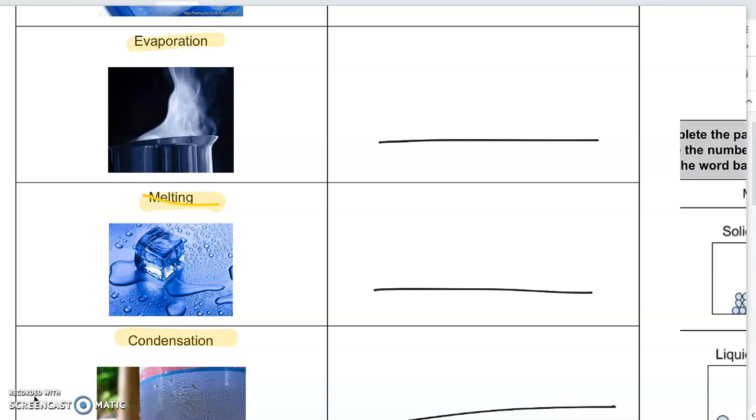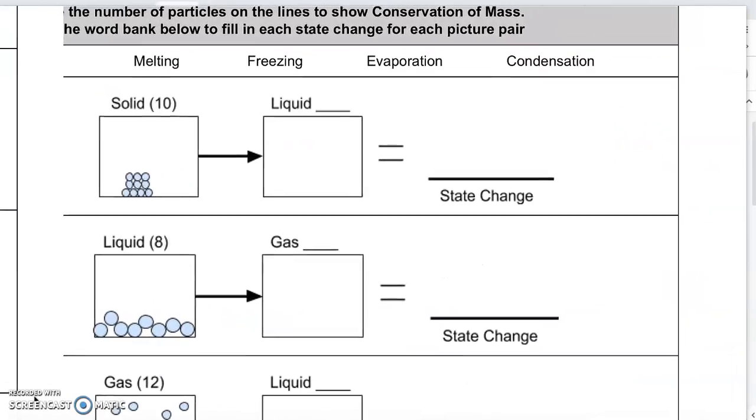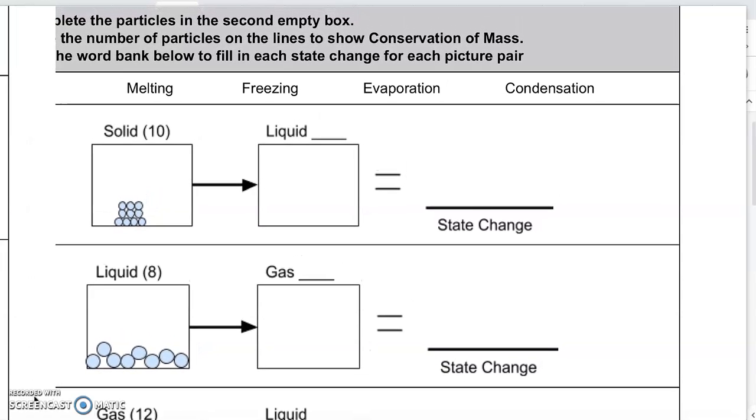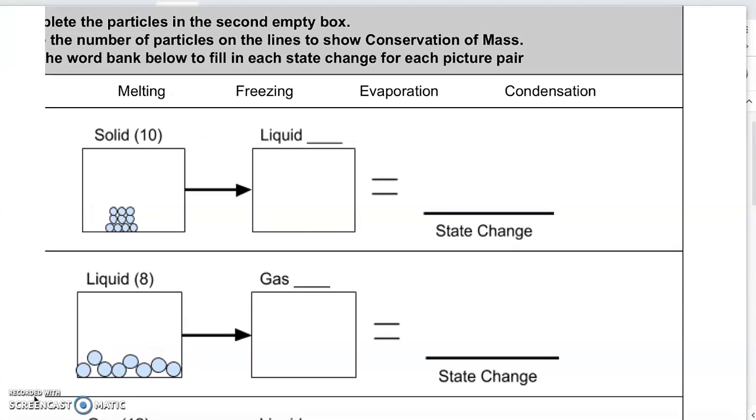Okay, students, next we are going to go to page 2. Page 2 says, complete the particles in the second empty box. You're going to write the number of particles in the lines to show conservation of mass.